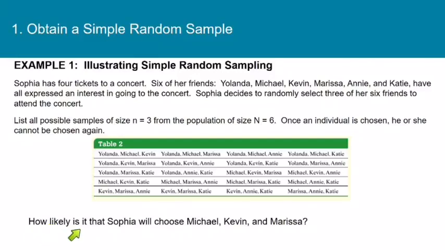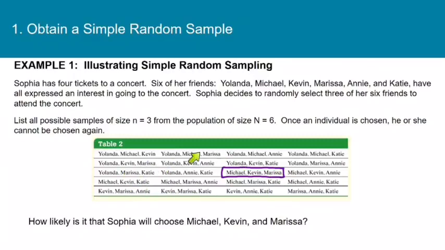All right, so the question they're asking us is, how likely is it that Sophia will choose Michael, Kevin, and Marissa? Well, let's look. Michael, Kevin, and Marissa is right here. And there's only one group in here that contains those 3 people.